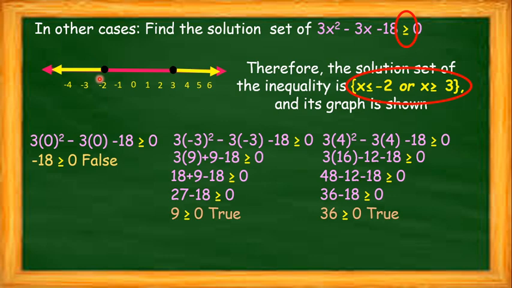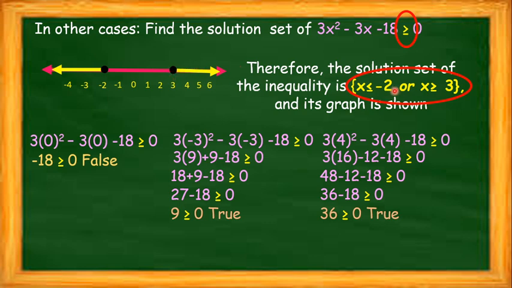Therefore, the solutions that are included in this given are from the left side of negative 2, the numbers that are less than negative 2 including the critical point negative 2 because there is an equal sign, and all numbers greater than or equal to positive 3, the numbers at the right side of 3 including 3.